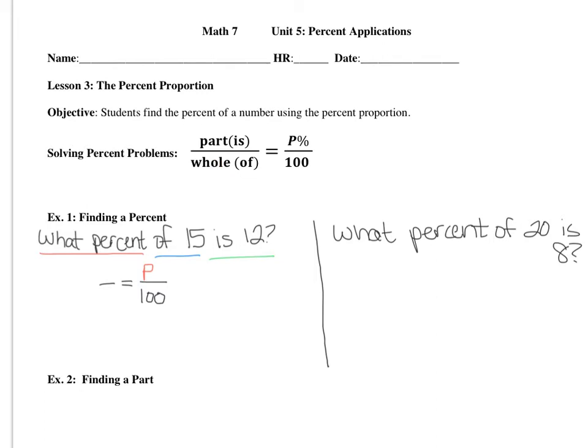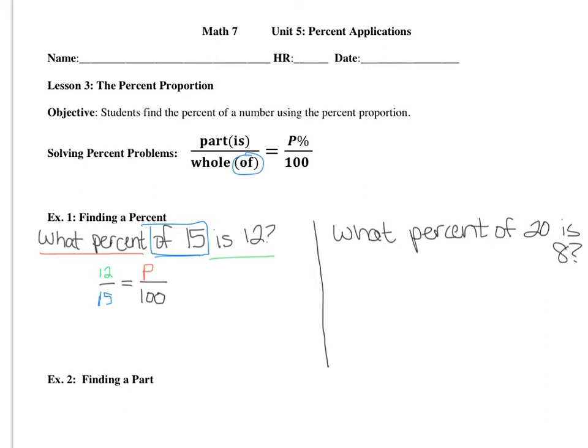So if we're looking at this sentence, 15 is the whole amount. We're trying to figure out what part, or what percent, 12 makes out of that 15. And you'll notice it is signaled with the word of: of 15 is in front of it. Now, 12 is the part. It's going to go over 15.